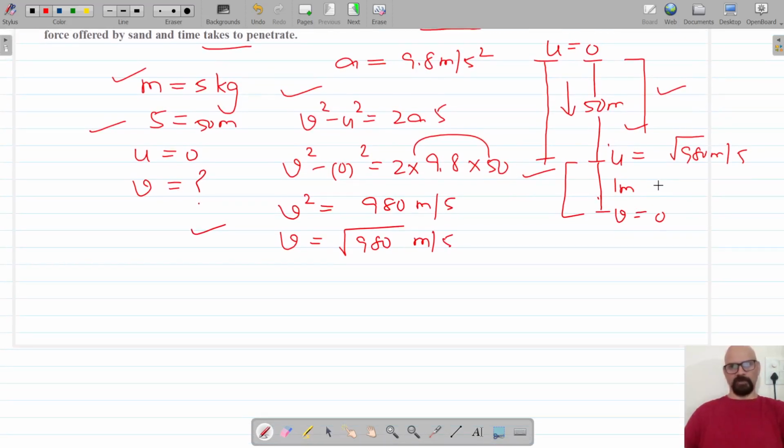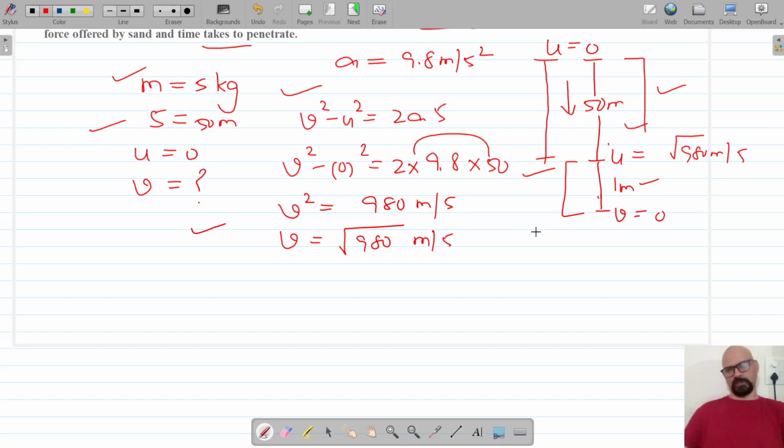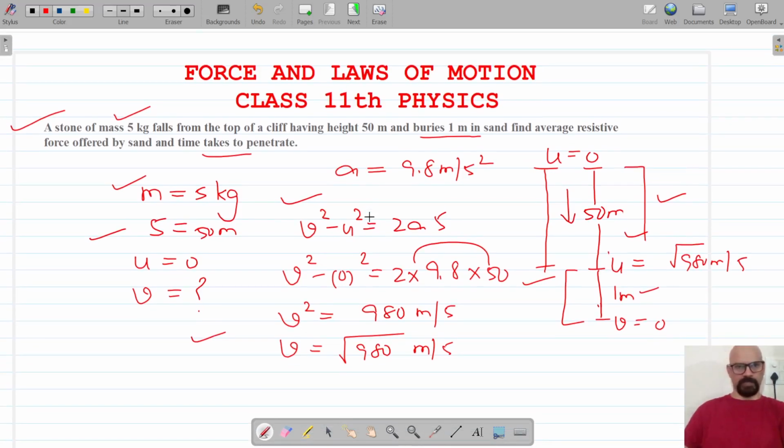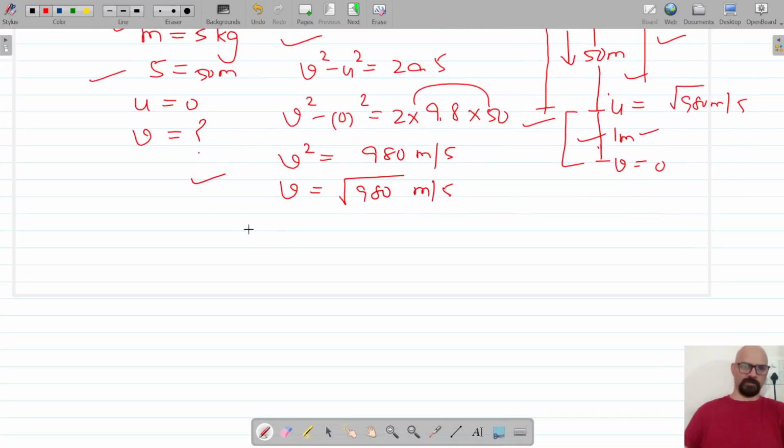So let's find out the penetrative force, or the resistive force, offered by the sand. When the stone is penetrating into the sand, let's once again use the equation v square minus u square is equal to 2as, where the distance is 1 meter.